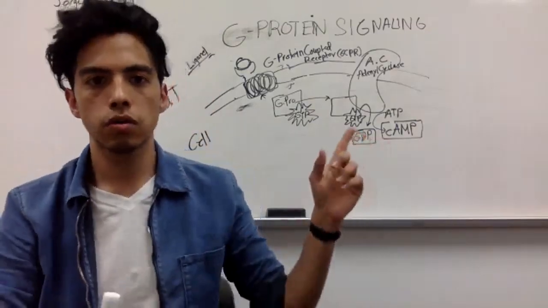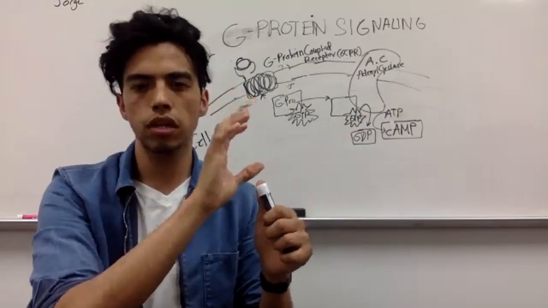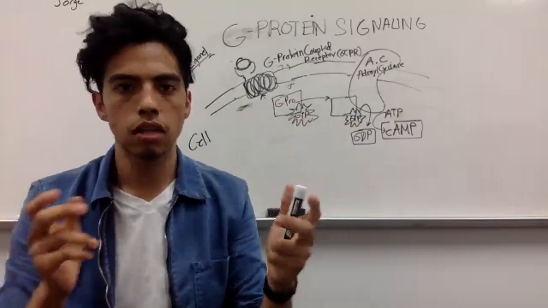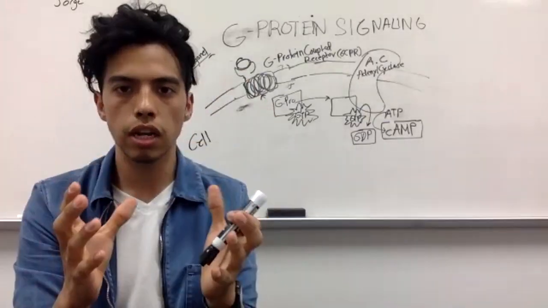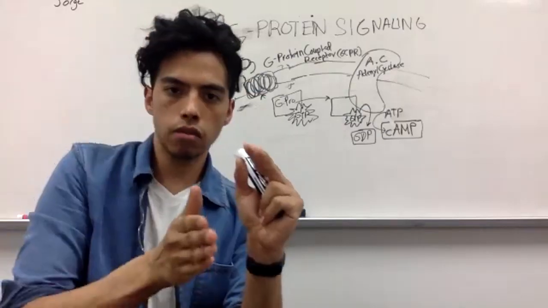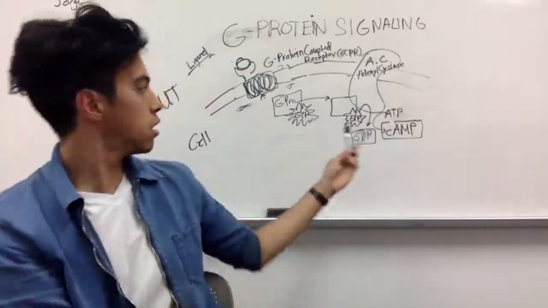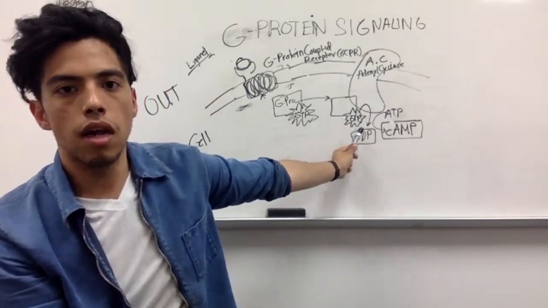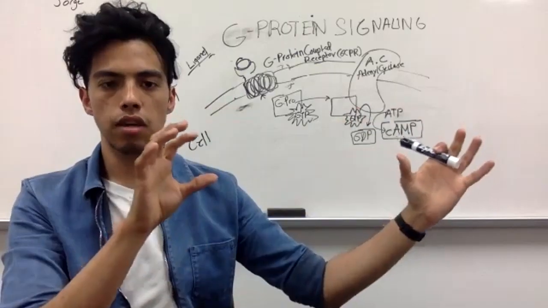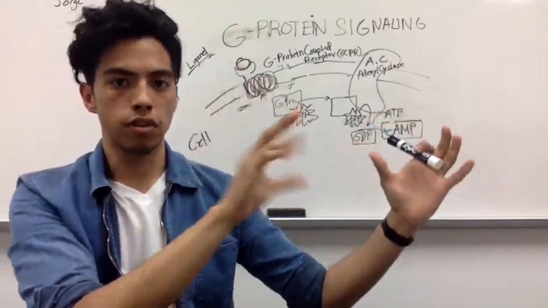So what I'm trying to show from here is that once the G protein gets to the adenyl cyclase, that enzyme is going to promote a certain type of reaction. It's going to take this very energetic molecule of GTP and cleave it. It's going to break a phosphate from this GTP molecule and create GDP, right? Because if you have a triphosphate and you take one phosphate away, then you're left with a diphosphate, or two phosphates.